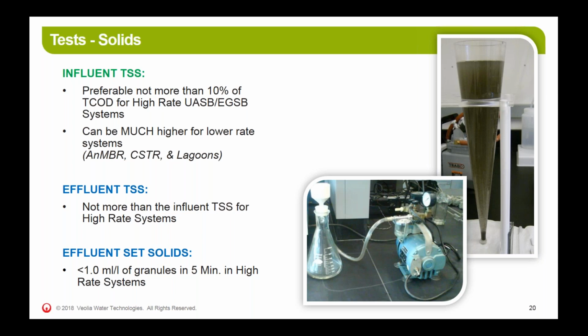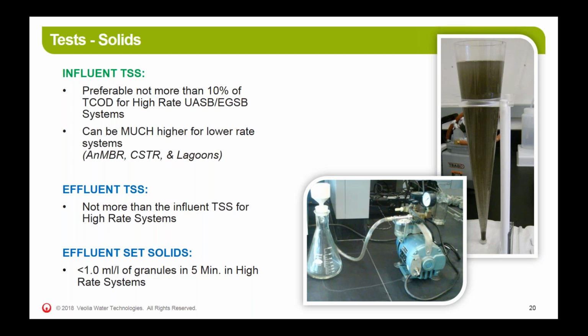On the lower rate systems, they're going to be higher until you get to the separation point. And at that point, depending on how well the separation system works, it should be significantly less than what the influent was. If you get to the membrane bioreactors, there are actually no solids in the permeate, which is really good.